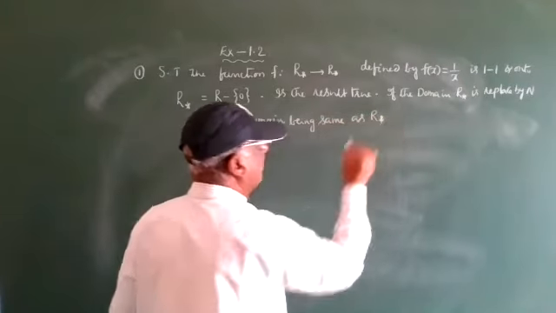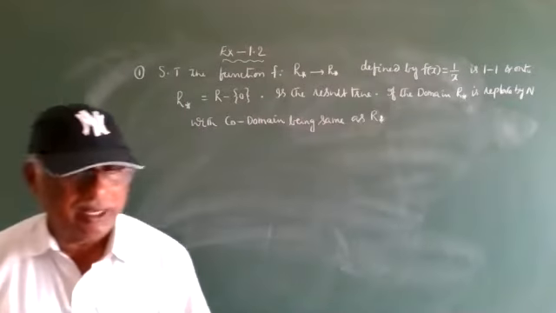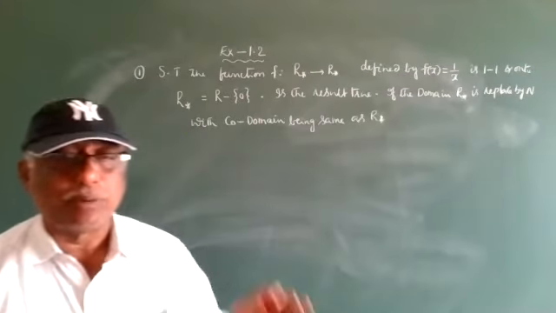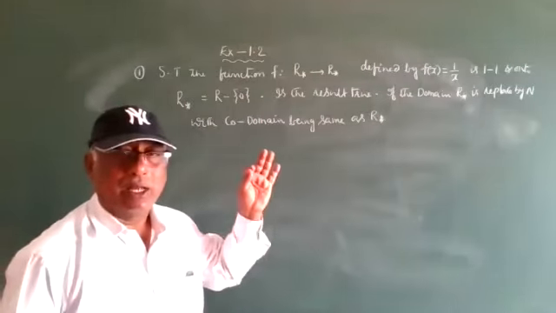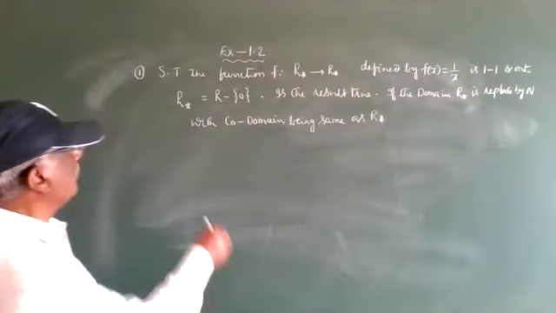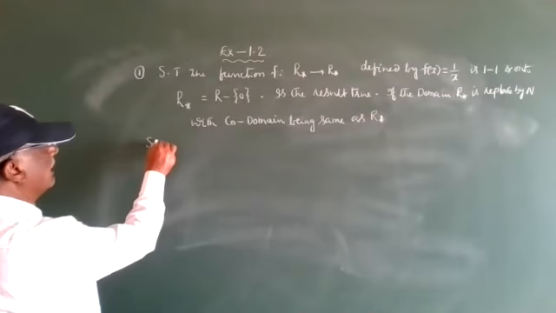This is the given problem. There are two problems. First, we have to show that the function is both one-one and onto. Okay? This is the PU syllabus.